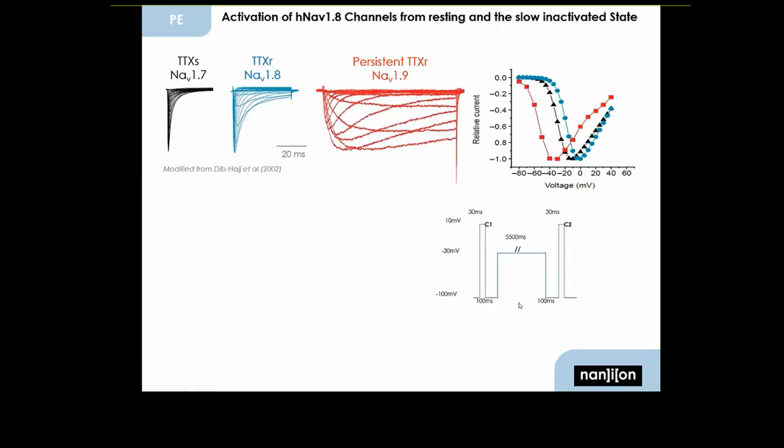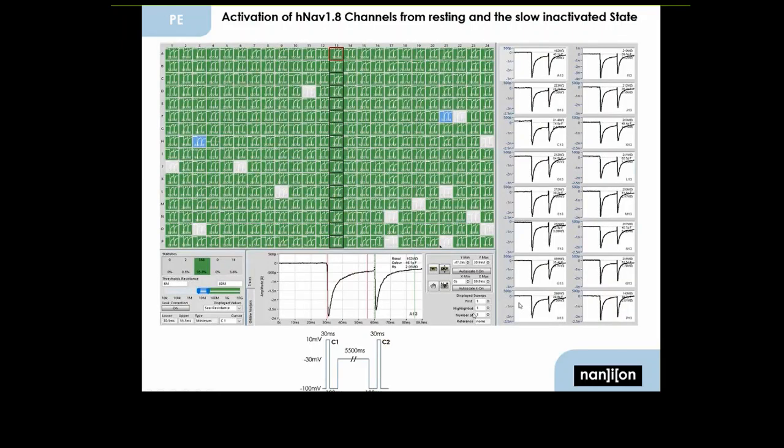When we apply this protocol across the chip, we can see two nice peaks to compare directly the activation from the resting state as well as from the inactivated state.